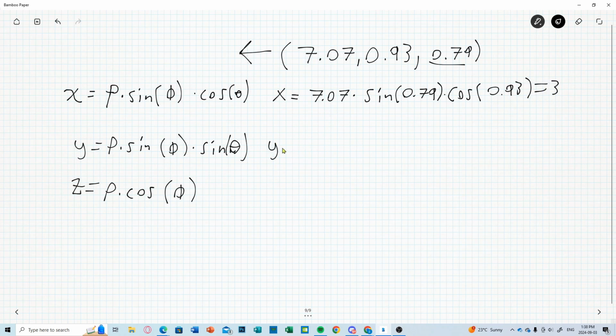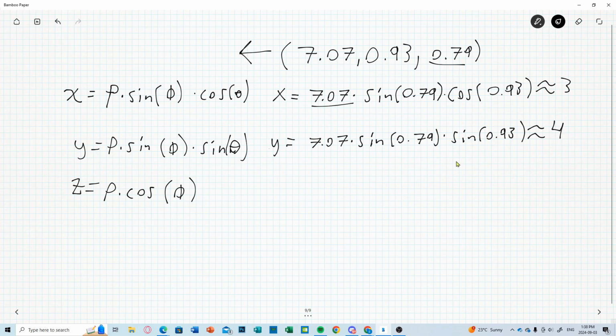Which will get us approximately 3, because we did round with our 0.07. We're going to have our y is equal to 7.07 multiplied by sine of 0.79 multiplied by sine of 0.93, which is going to give us approximately 4.